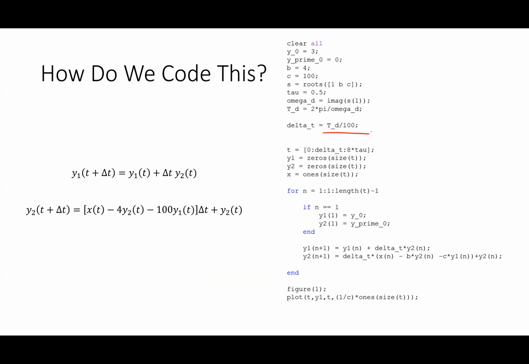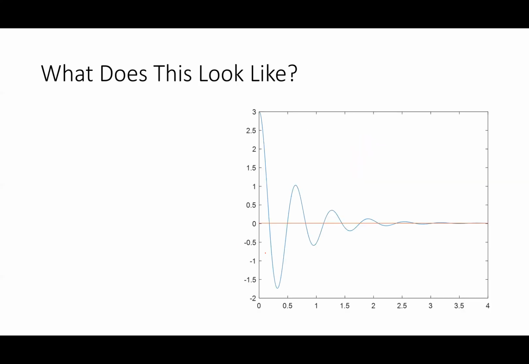Now notice I put my two equations into my for loop, just like I did the other day. It's no different except there's two equations in my for loop. The other day there was one equation in my for loop. And I plot it, and it looks more or less like I thought it was going to do. It ends up at a number really close to 0 because the particular solution is 1/100.